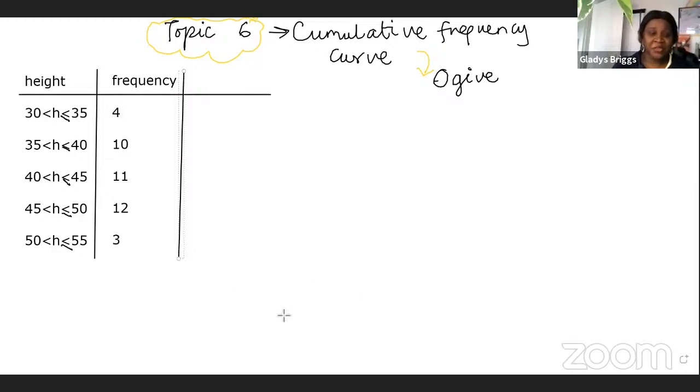So you want to make sure that you know the one that you're working with. Okay, I'm going to write it down for you now. Cumulative frequency. Yeah, so you want to extend the table to include a column for cumulative frequency.